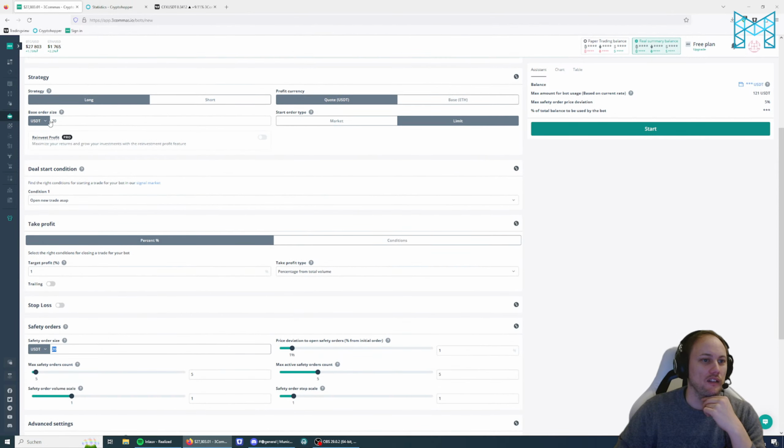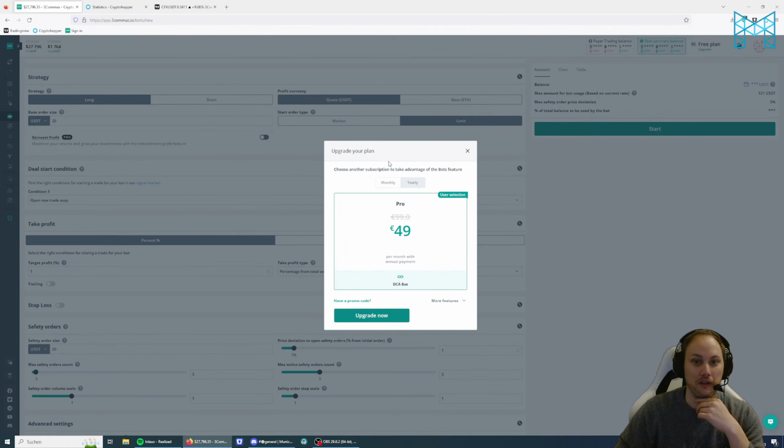You can also make a percentage base and percentage safety, but it's of your whole wallet, so the whole money you have in your wallet. If you want to use more different bots, then it mixes their funds. And now they have a reinvest profit, so it's directly calculated, but it's so expensive.